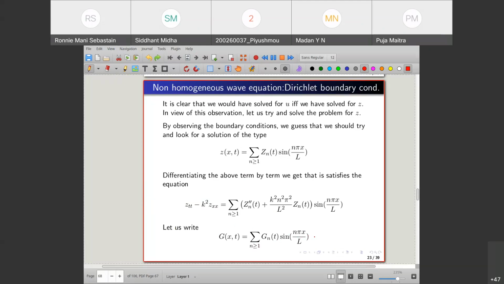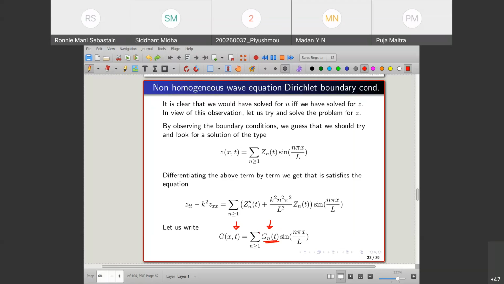So this is the Fourier sine series of g(x,t). You can think of it as freezing t, so we get a function of x, and we write the Fourier sine series of that function, and g_n(t) is the nth Fourier coefficient of g(x) with that frozen t.